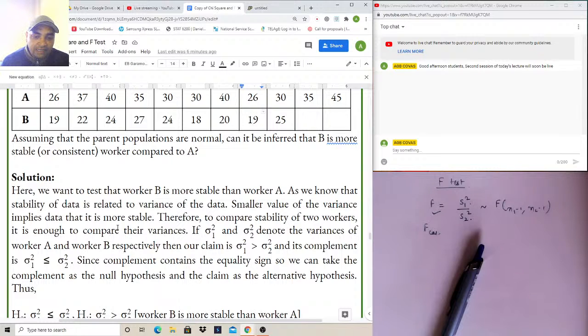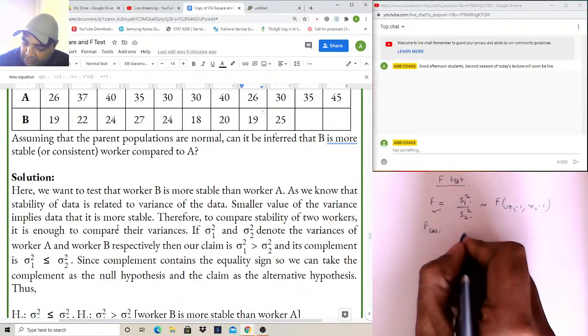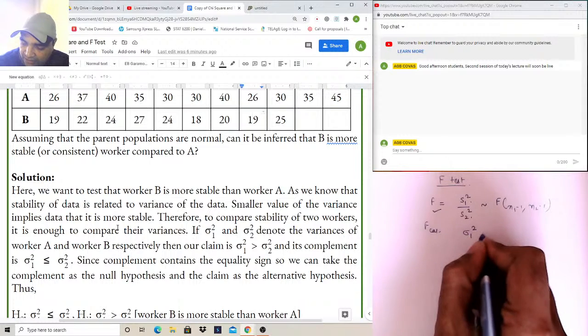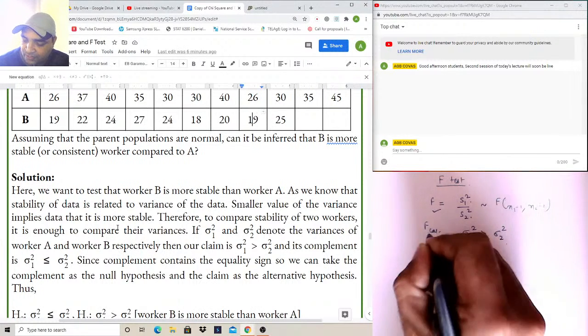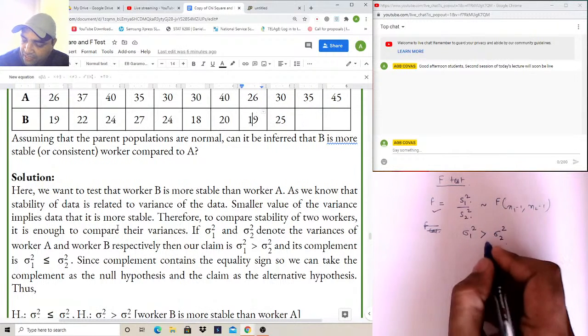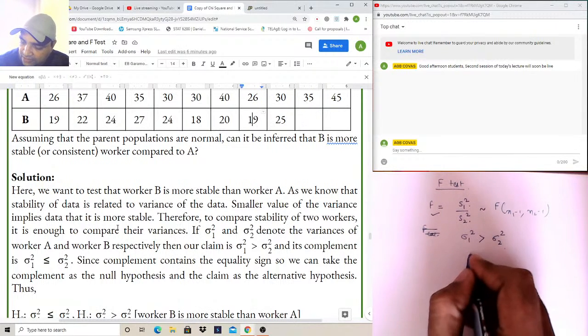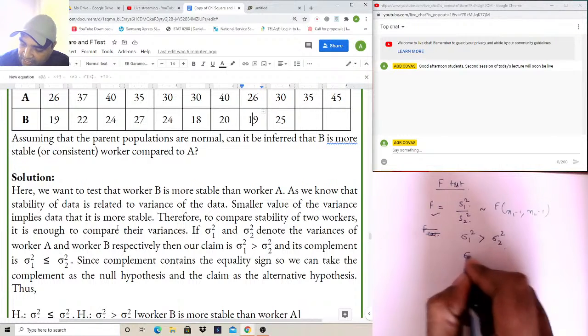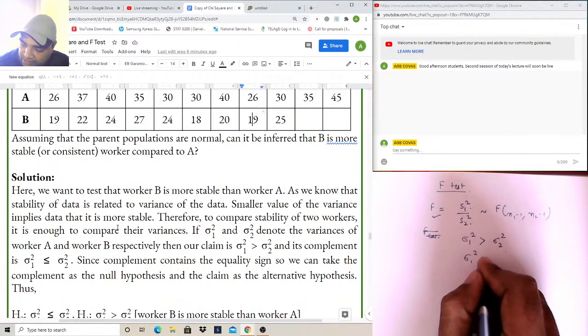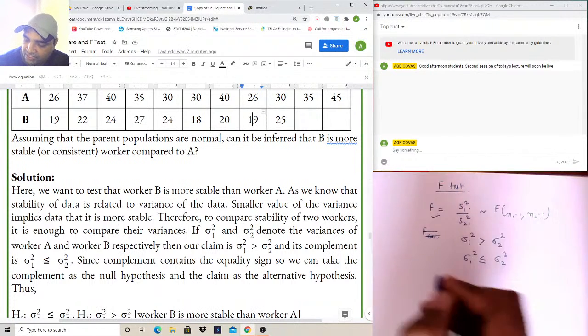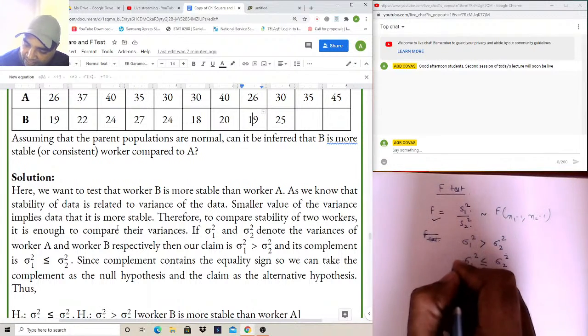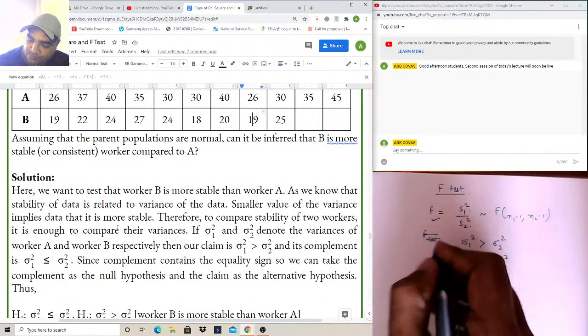We were saying that worker B is more consistent. It means the variance of the first worker should be greater than the variance of the second worker. This makes one statement. And what will be its converse? Its converse will be that the variance of the first worker is either less than or equal to the variance of the second worker, because there is an equality sign. So this will be our null hypothesis.